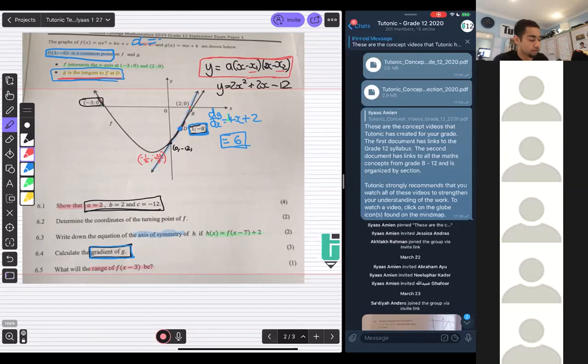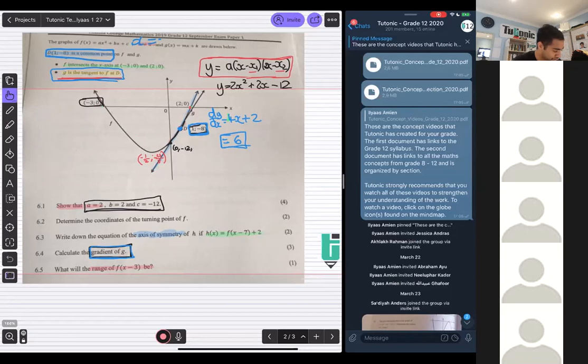Okay, if I were to put my pointer here, does a y value exist here? Yes. Do you guys see that? So where does it not exist? Below the turning point. Right. It doesn't exist below the turning point.